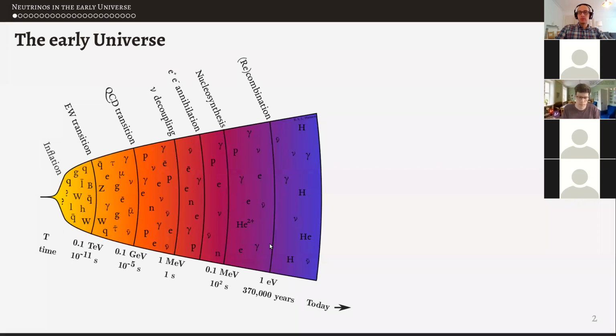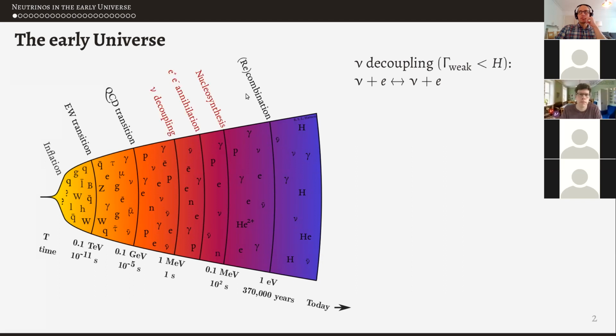Then at much lower temperatures of about an eV, we have recombination and also the formation of the cosmological microwave background that we can observe today. And after that, we also have large scale structure formation of stars, and eventually the Earth and us.